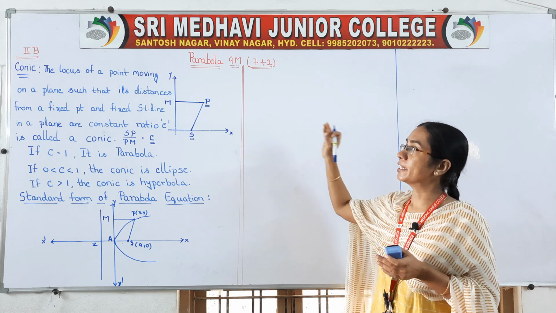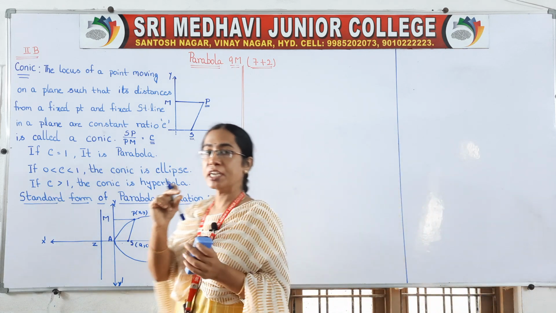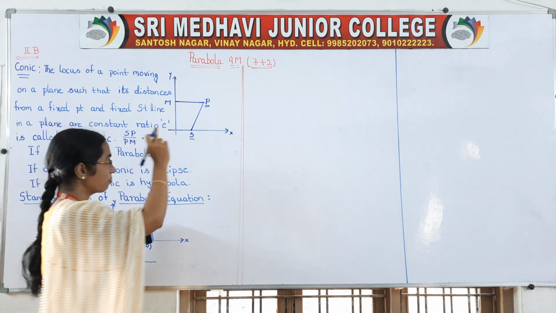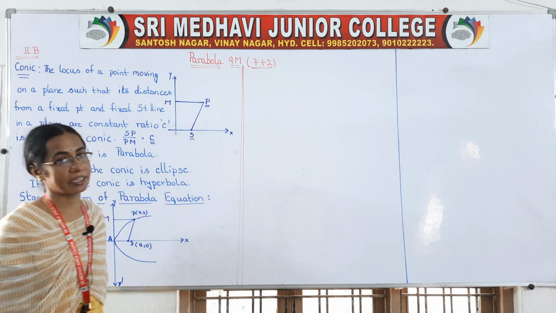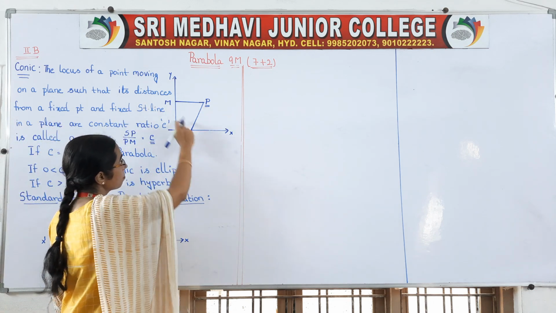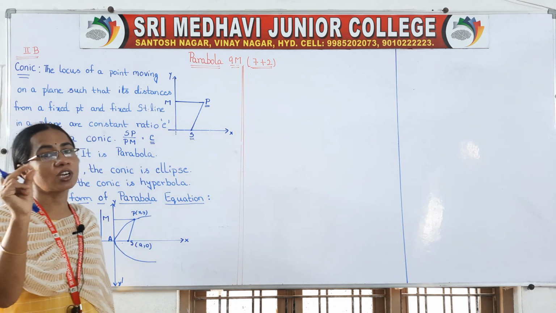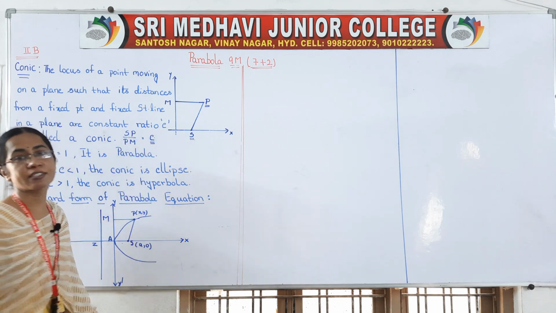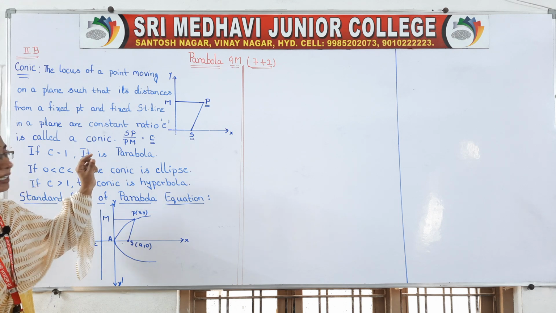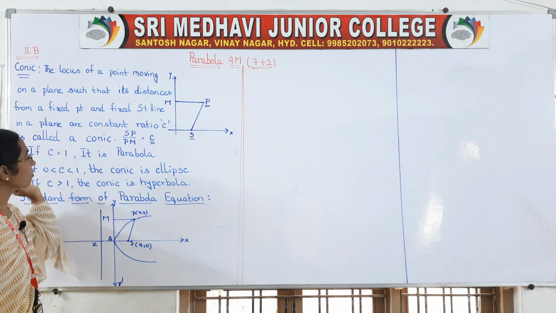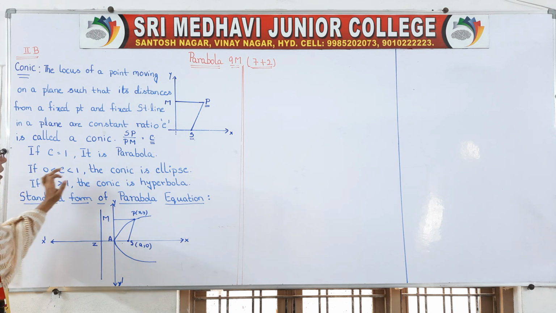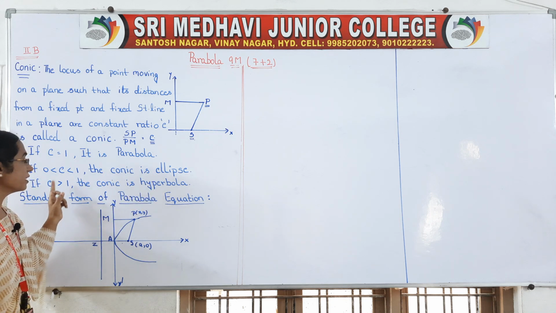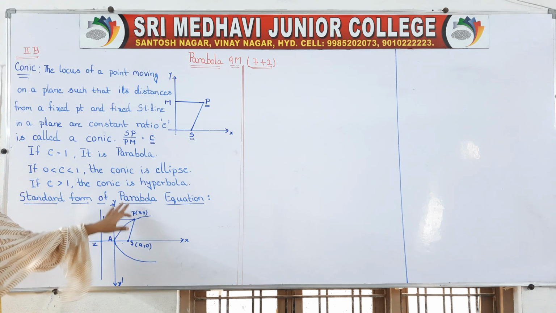This point maintains a constant ratio of the distances from a fixed point and a fixed line. It is SP by PM, that constant ratio is called eccentricity and denoted by the letter E. If E is equal to 1, the shape is a parabola. If E is less than 1 and greater than 0, the curve is an ellipse. And if E is greater than 1, the curve is a hyperbola.